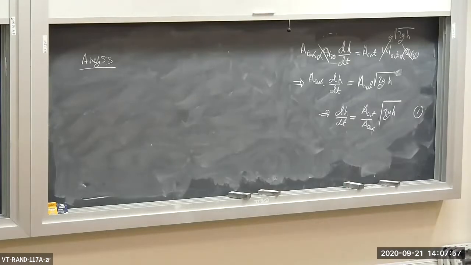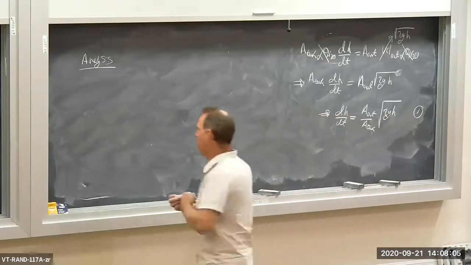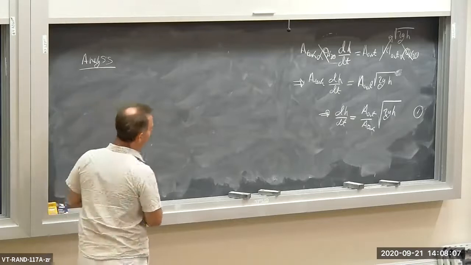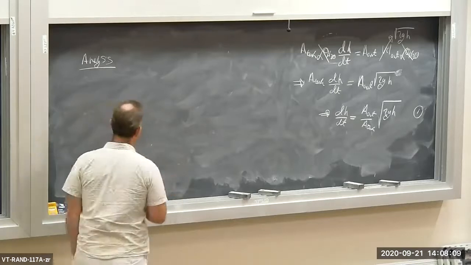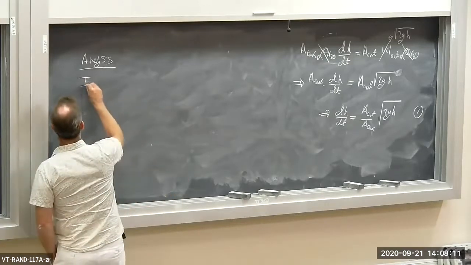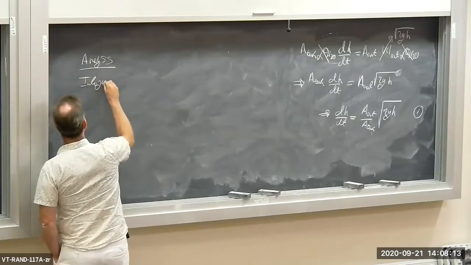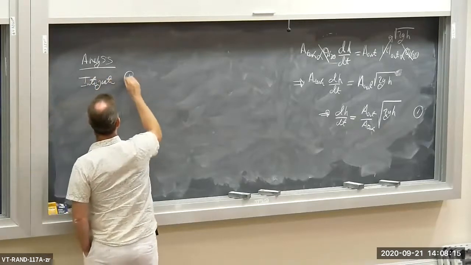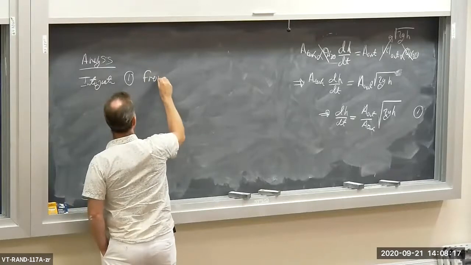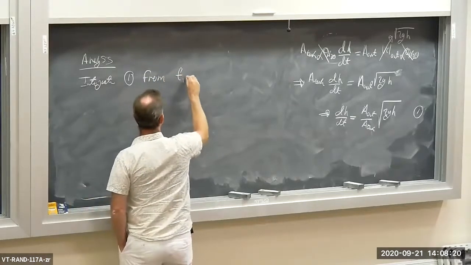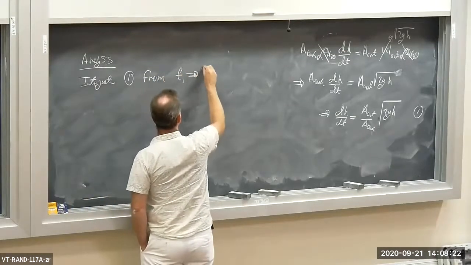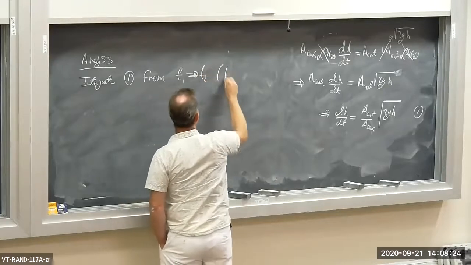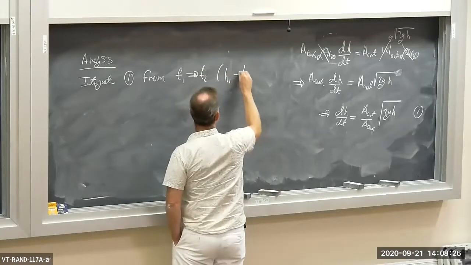Well, we're going to have to integrate this equation and then plug in the various H values as well as our areas and the gravitational constant. So let's integrate equation 1 from T1 to T2, or if you like, H1 to H2.